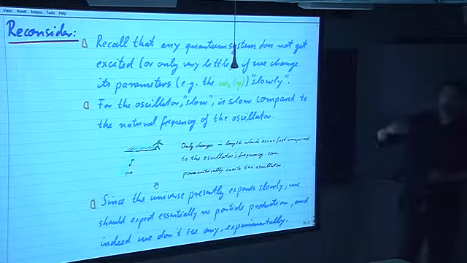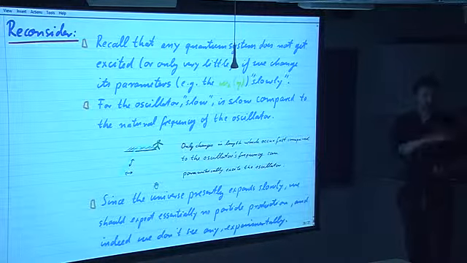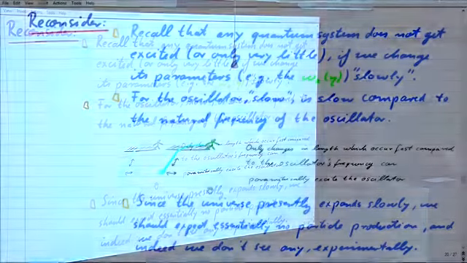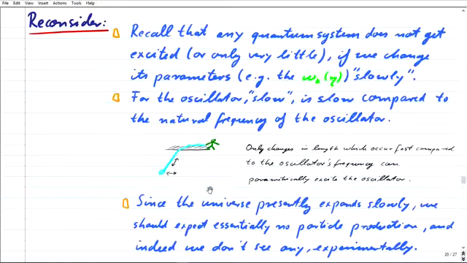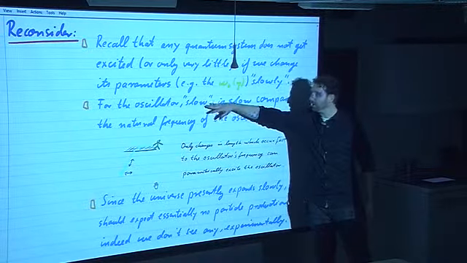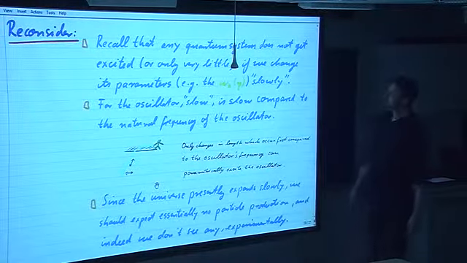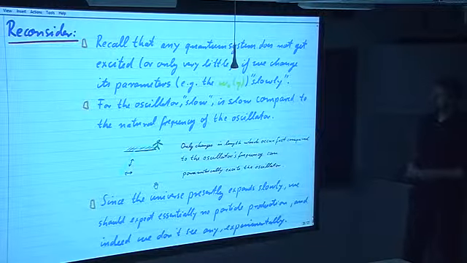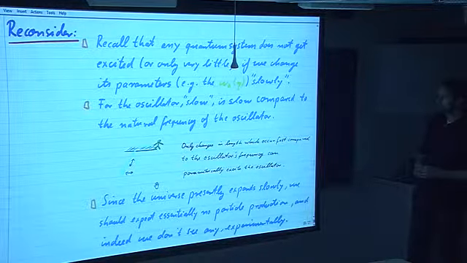The fifth stays the fifth, and the ground state stays the ground state. The system remains in the ground state, or in the excited state. So generally for oscillators, slow change of their parameters means slow compared to the natural frequency of the harmonic oscillators.